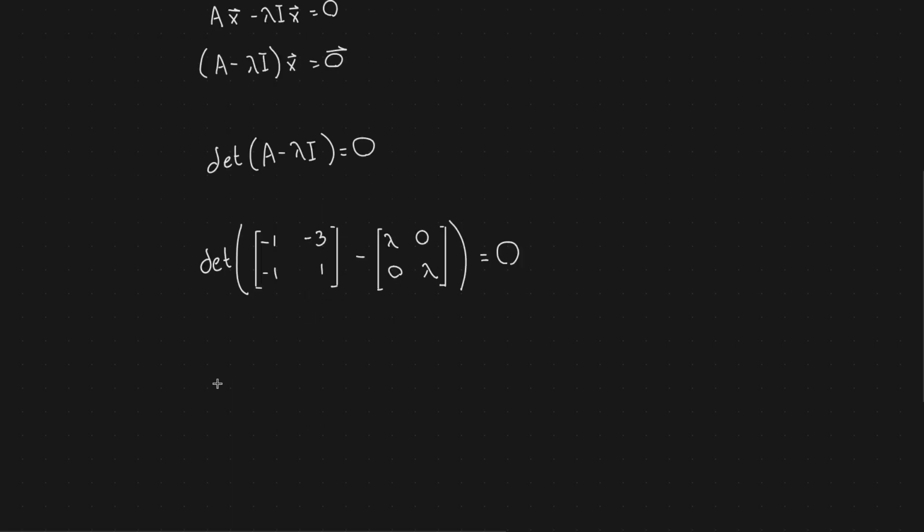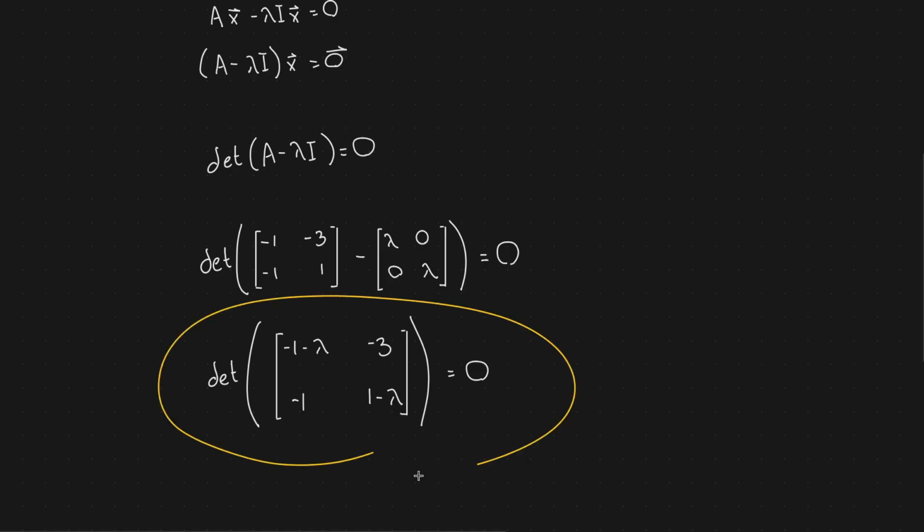Okay, do the matrix subtraction. I'm going to get -1 minus lambda, -3, -1, 1 minus lambda equals 0. Okay, so we have some variables in here now. We have lambda. We want to know what values of lambda make this equation true.